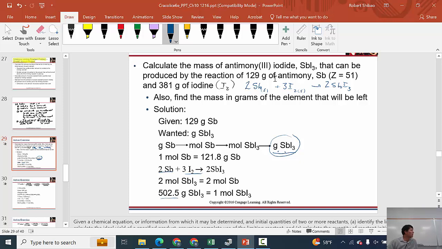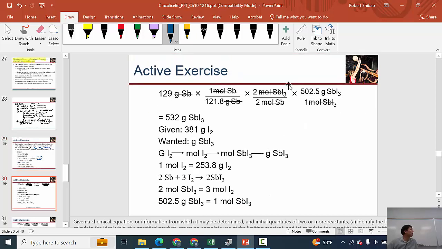Okay, here again they give us the molar mass, which saves us some time. It's nice not having to calculate that. So we have 129 grams of antimony, A, and so how many grams of product can we form? So we just do a gram to mole, mole to mole, mole to gram conversion to get 532 grams of SbI3. So this is calculation 1.